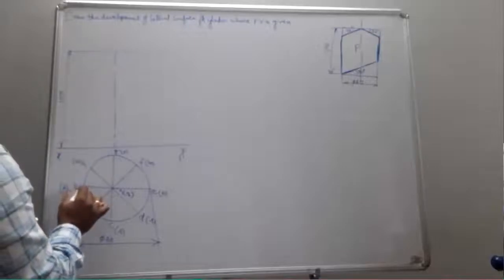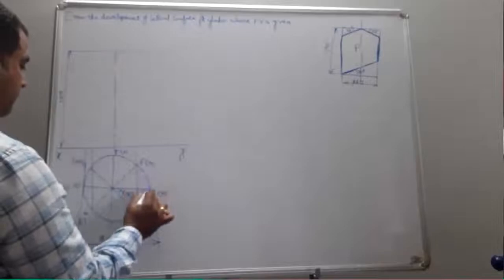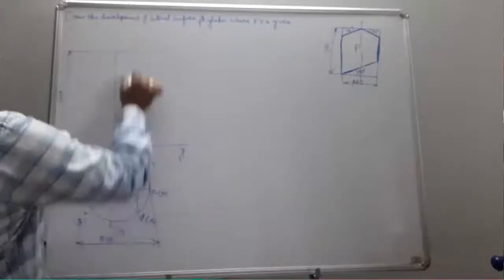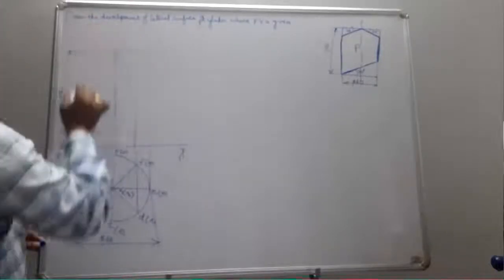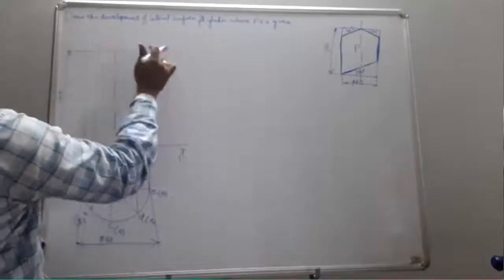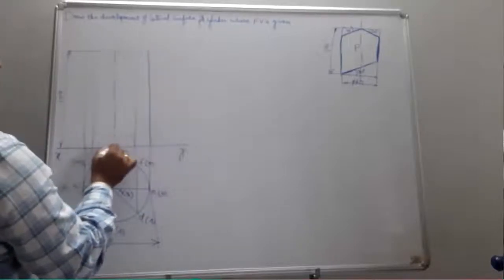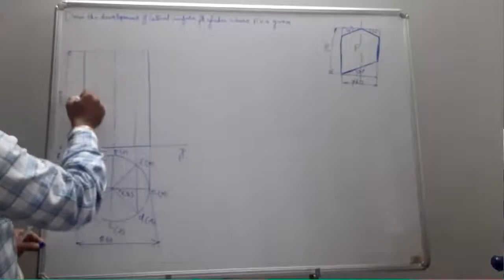Let us project the points in the front view. For a cylinder, generally we highlight only the end generators.